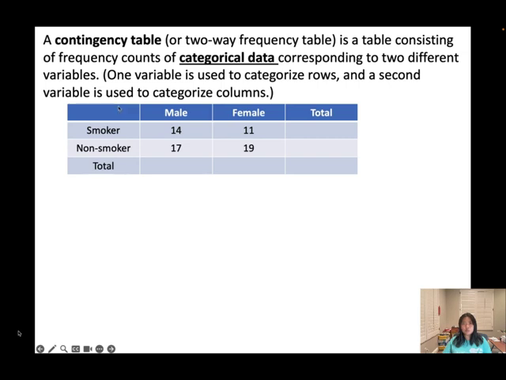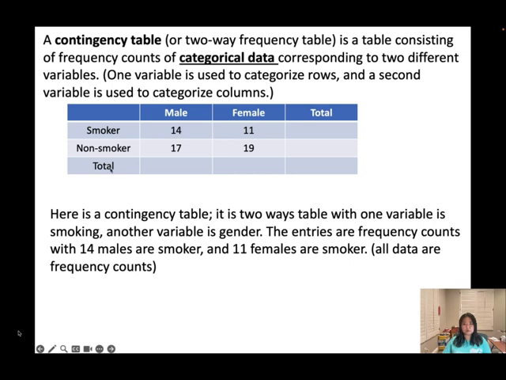And one variable is smoker: you are a smoker or non-smoker. From this table, you can see we have 14 males who are smokers, 11 females who are smokers, and 17 males who are non-smokers.